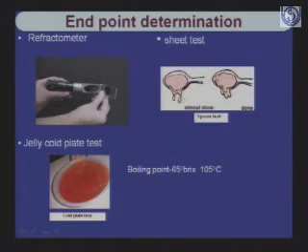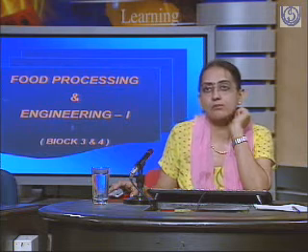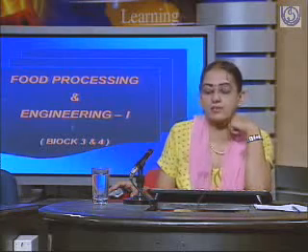With the help of a sheet, you can see the way the jelly or jam falls. If it falls in flakes, it means it is done. Similarly, boiling point can also be taken as an index of the end point. If your product has 65 degrees brix, it will boil at 105 degrees C. So you can check.